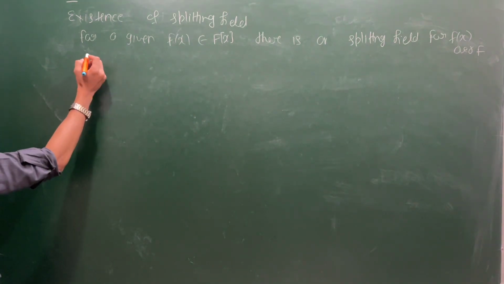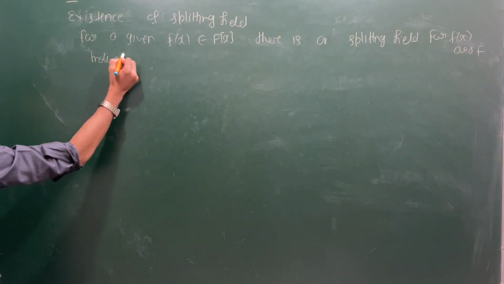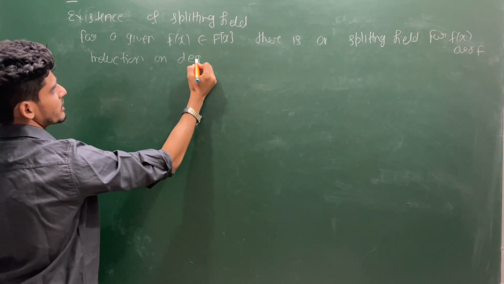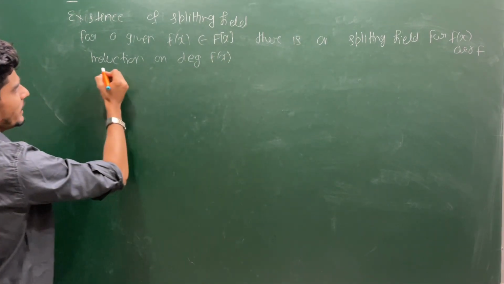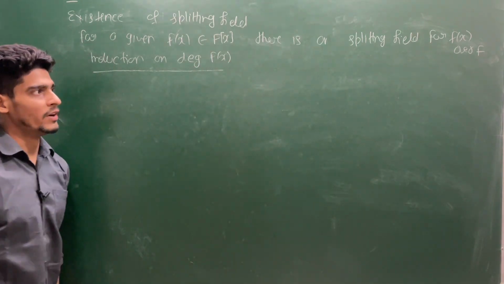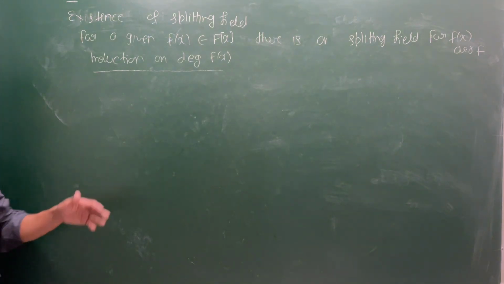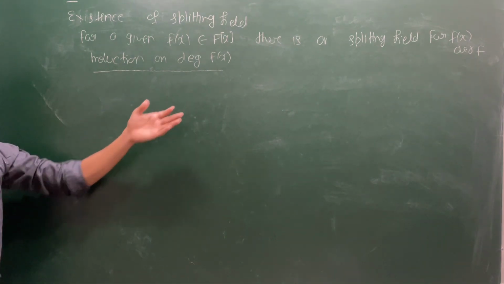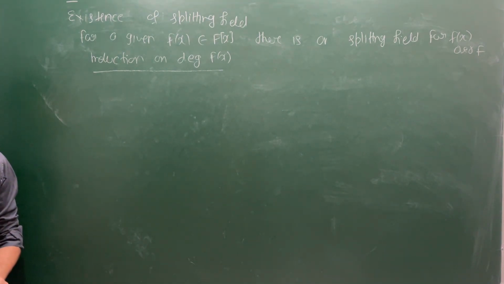Let's go with induction. We use induction on the degree of f(x), and trust me, induction is one of the powerful tools to prove certain complicated statements, simple statements, and some logical statements. So this induction is very powerful.